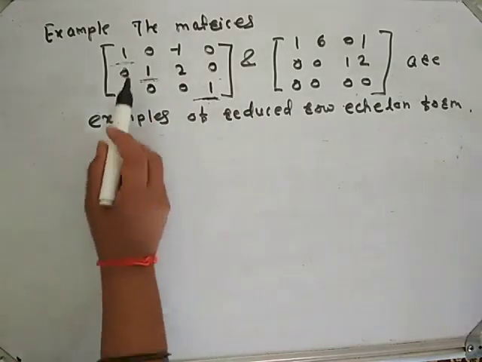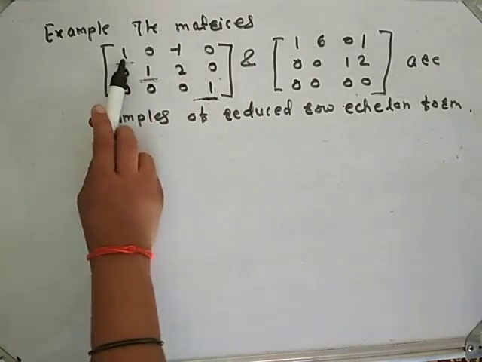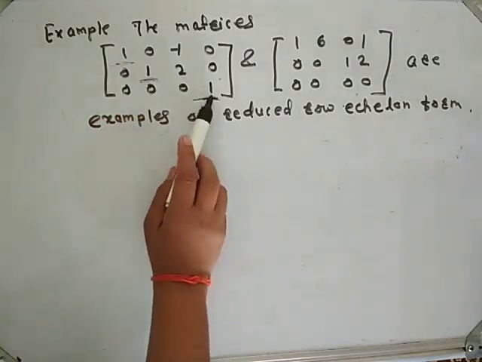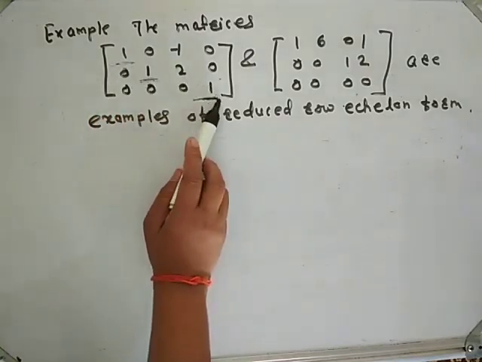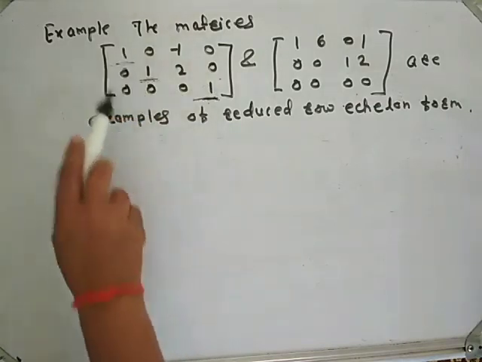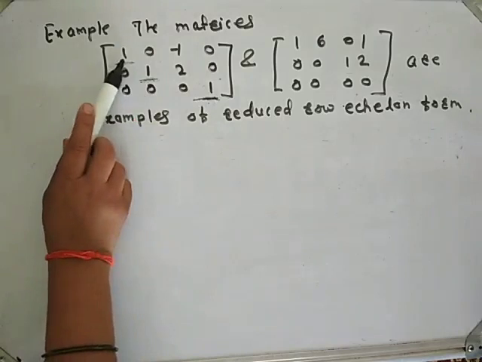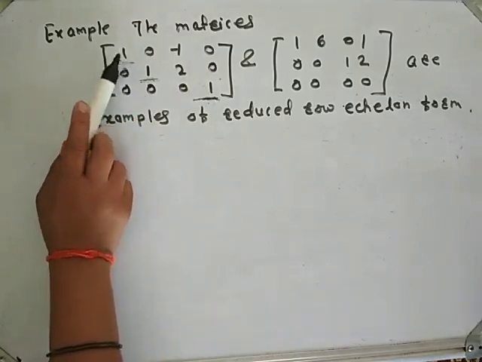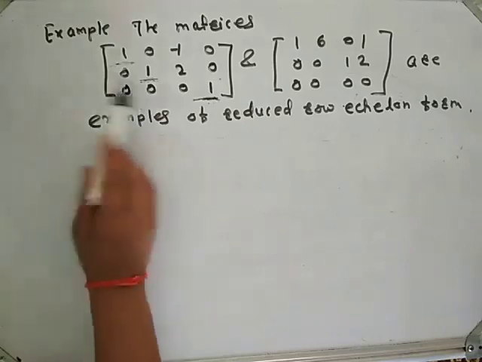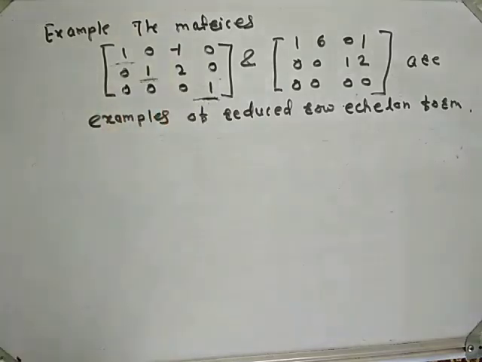Now see here, for this column this one is the leading 1, this one is the leading 1, and for this column this one is the leading 1. Each column that contains a leading 1 has zeros everywhere else, means only this one is the non-zero entry in this column, otherwise all entries are 0. Similar for here and similar for here.